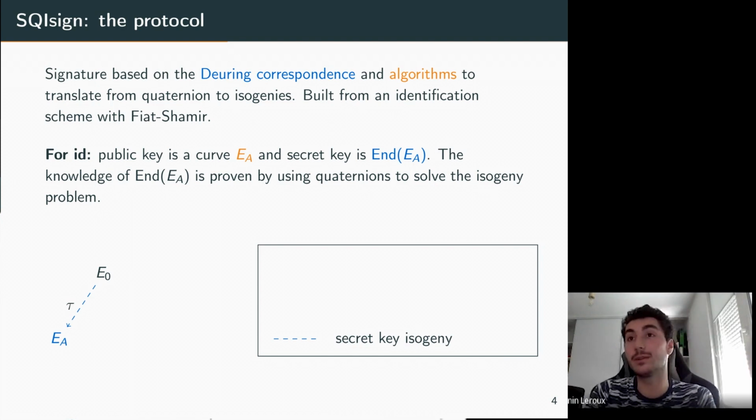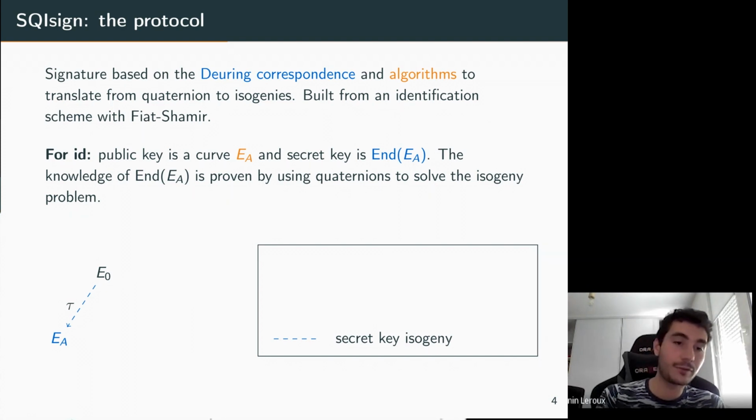For that, he's going to use the Deuring correspondence, whereas anybody else will basically have to solve an instance of the isogeny problem, which is assumed to be impossible. So the idea of the SQISign identification scheme is really all about building an instance of the isogeny problem that the signer will solve.